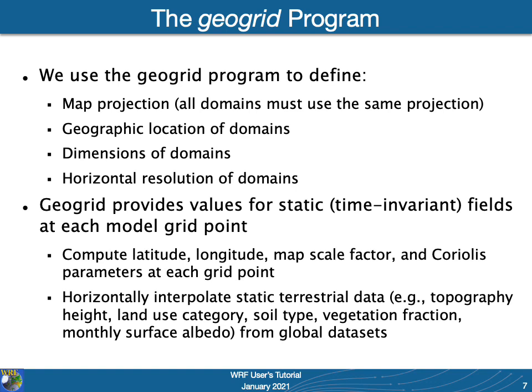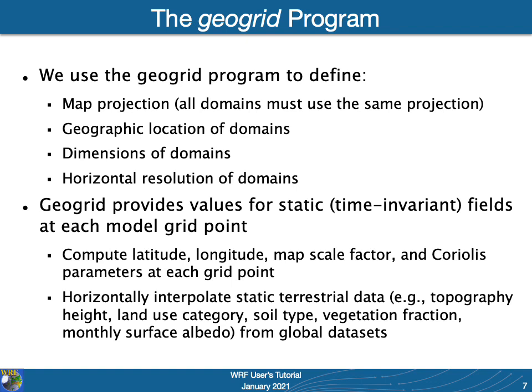Once we've done these 4 things, the Geogrid program has all the information it needs to ultimately provide values for what we call static or time invariant fields at every one of the model grid points. And this happens by first computing the latitude and longitude at every one of those grid points. Because we have the details of the map projection, these latitudes and longitudes can be calculated through analytic formulas.